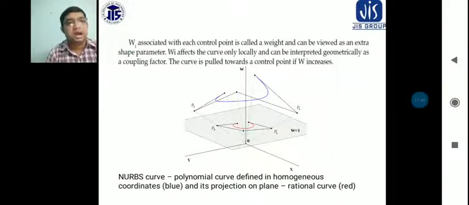You can see this curve here on the ground, and another curve lying above it. The NURBS curve is a polynomial curve defined in homogeneous coordinates, shown in blue, and in projection on the plane it is the rational curve, shown in red. One is the non-rational curve, the other is the rational curve.